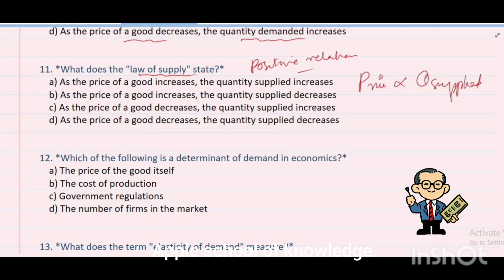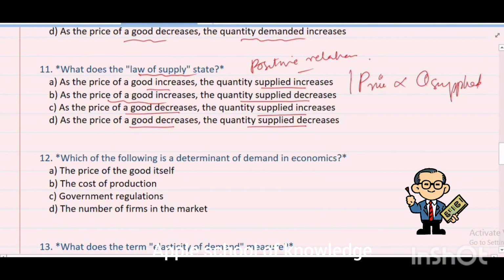If you see here, the first option is option A. As the price of the good increases, the quantity supplied increases. The price of the good increases, the quantity supplied decreases. The price of the good decreases, the quantity supplied increases, and the price of the good decreases, the quantity supplied decreases.